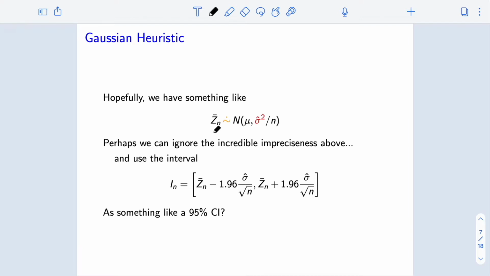We can form an interval similarly using the 97.5th quantile of a normal with mean 0 and variance 1, and again, ignoring the fact that sigma hat is an estimate rather than a true standard deviation, just plug it in here. One might hope that this gives us something like a 95% confidence interval for the true population mean, even when the population distribution is not Gaussian.